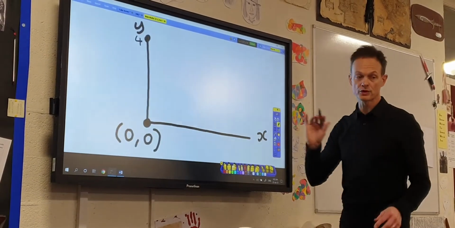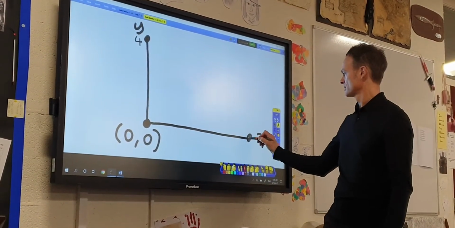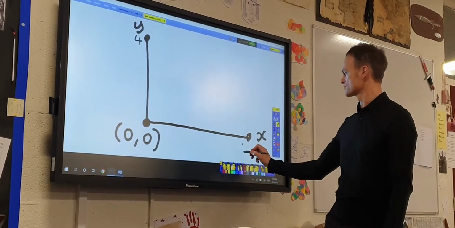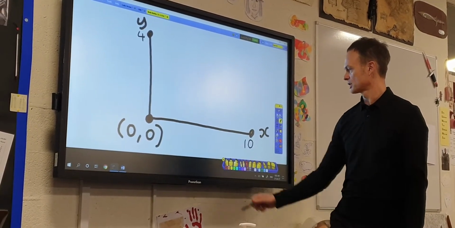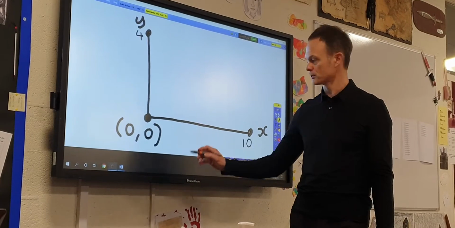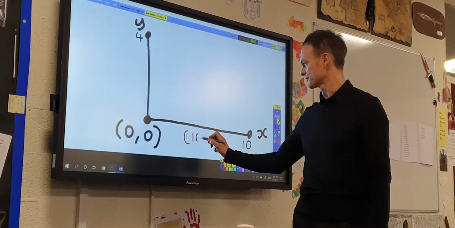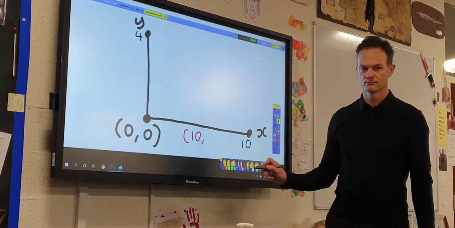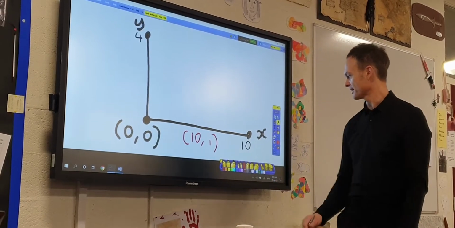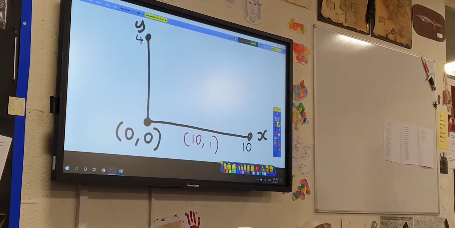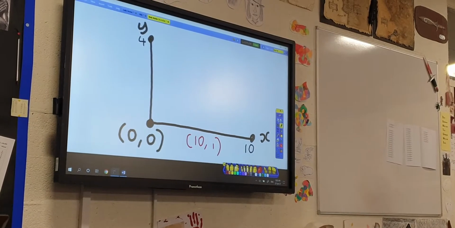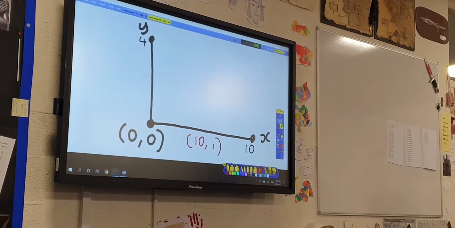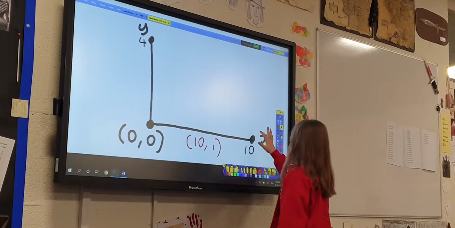The along, which we always do first, is a lot longer than 4, so we'll say it goes along to 10. Your coordinate to plot, as accurately as you can, will be 10, 1. There you go. Do us a blob, or a coordinate point, or a vertex, where you think 10, 1 is.